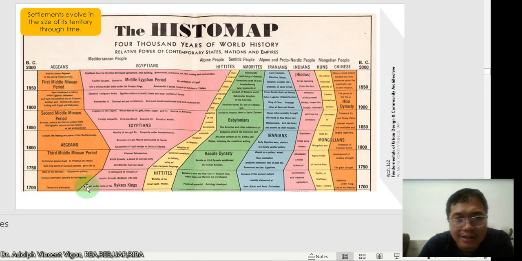Then here for the Egyptians, they started small, and then they have the Middle Egyptian period at 2000 BCE, and they have a bigger area. And then the Hittites, the Amorites, Iranians, Indians, Huns, and the Chinese.